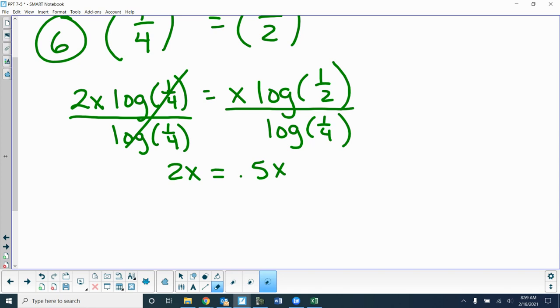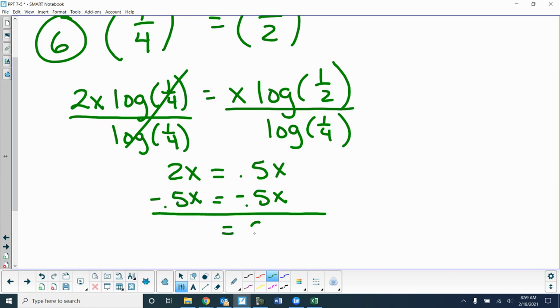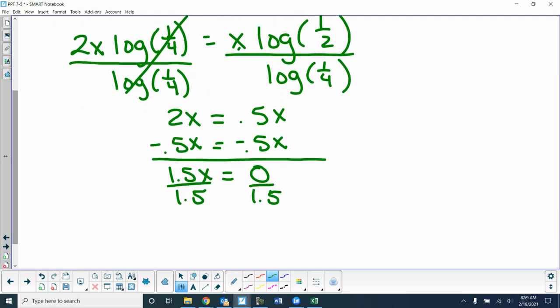How do I move this over to this side? Subtract it. Oops, get back my pen. What's left on the right when I subtract 0.5x? Nothing, right? 0. And then 2 minus 1/2 is 1.5, right? What's 0 divided by anything? 0. So 0 was the right answer. I forgot about that x being there. Rookie mistake, yeah.